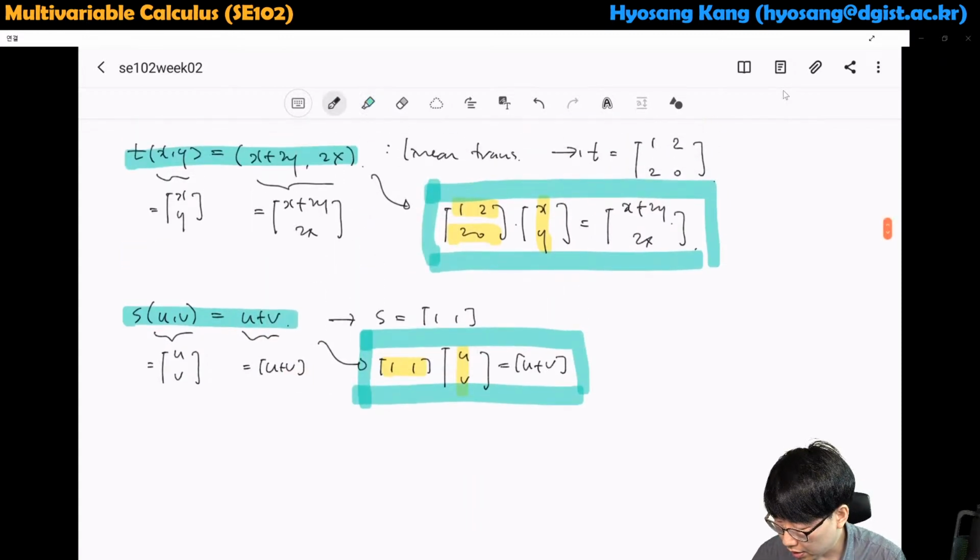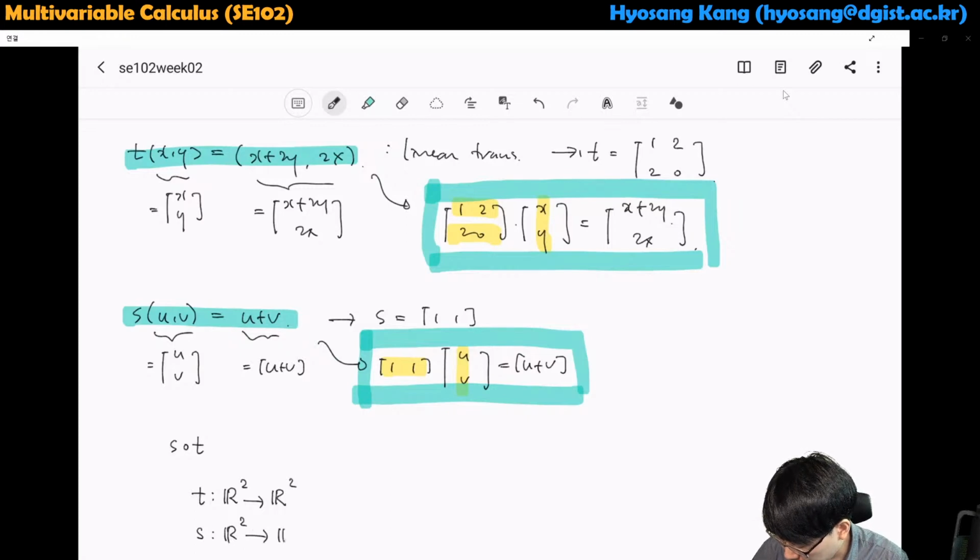The only way I can composite this is to composite T with S, because T is a linear transformation sending two-dimensional vector space to two-dimensional vector space, and S is sending two-dimensional vector space to one-dimensional vector space. So S composite T sends two-dimensional to two-dimensional and then one-dimensional, right?